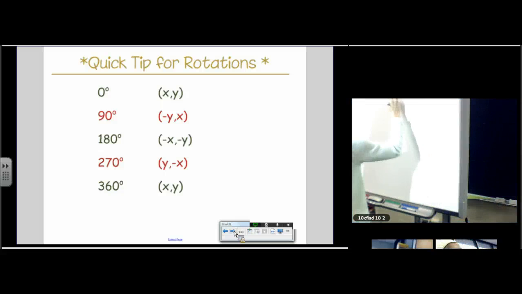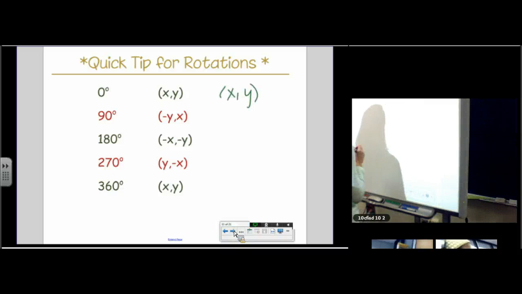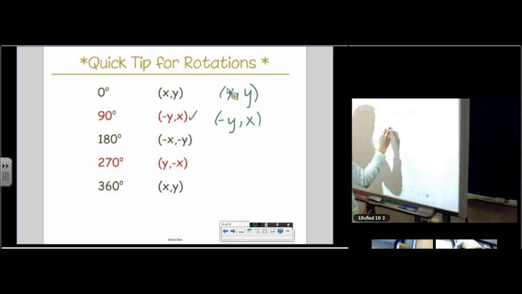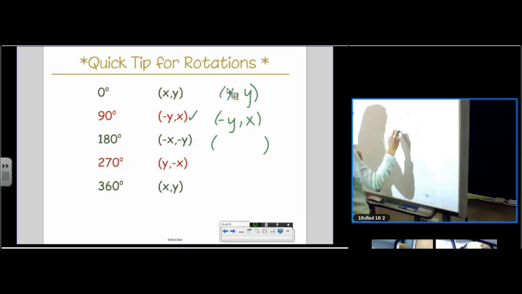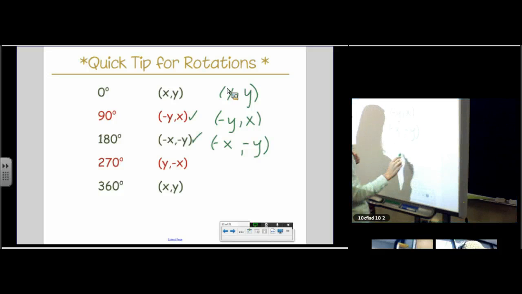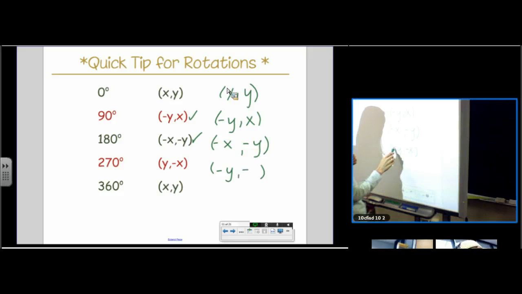You start with x, y. Switch places and make the first one negative. Check. Now from this one, switch places and make the first one negative. Oh, matches. Now from this one, let's switch places and make the first one negative, which would make it positive.